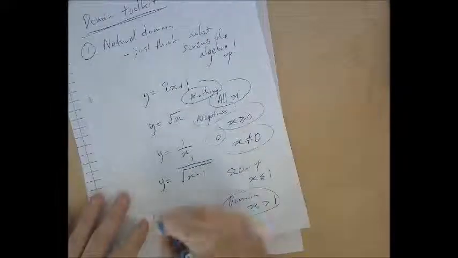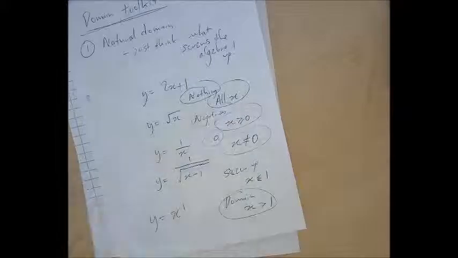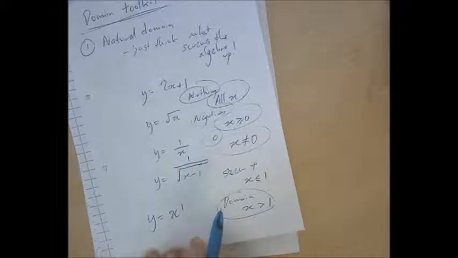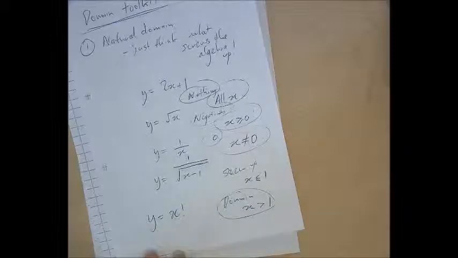Oh, by the way, what's one where the natural domain is the whole numbers? Have you ever seen a symbol that can only cope with whole numbers? You learned it in Emma's dilemma. It's that. Remember that? It's when you go 5 times 4 times 3 times 2 times 1. That can only cope with whole numbers, and it needs to be non-negative whole numbers.